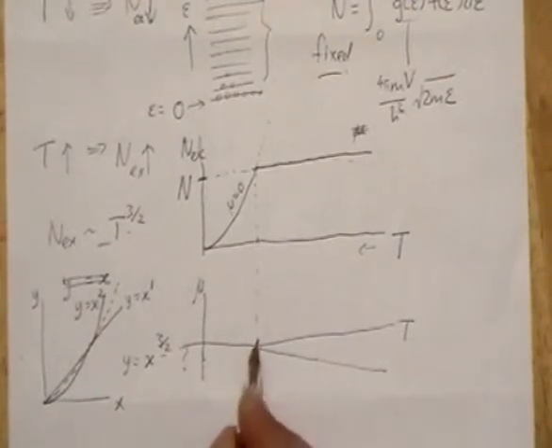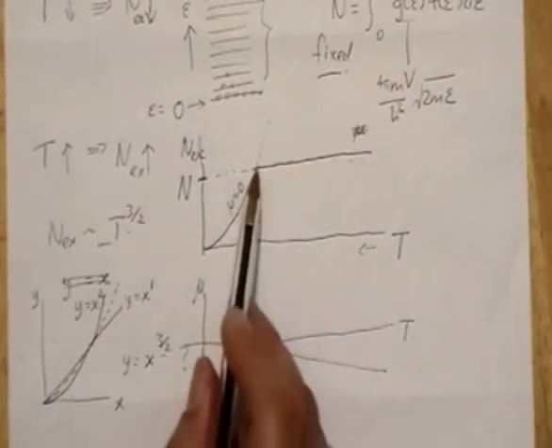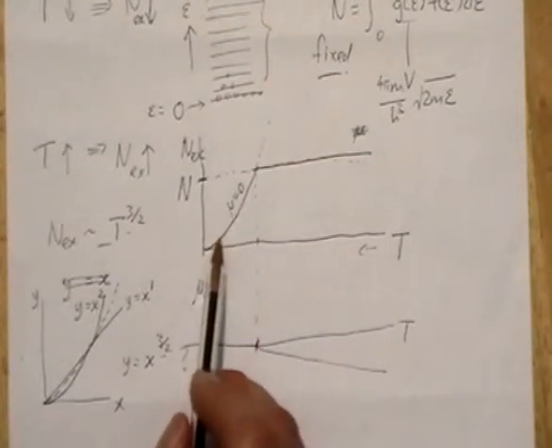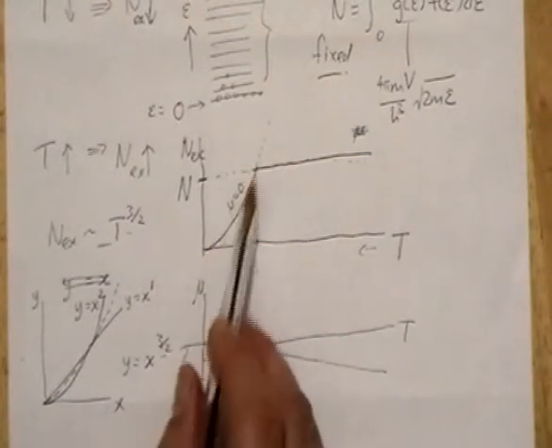And thereafter, mu stays at 0 as we come down this curve for the excited particles. So now we have a much better idea about how mu changes.